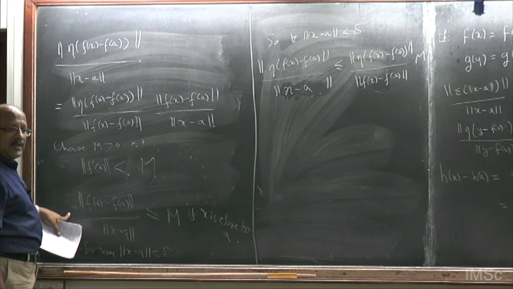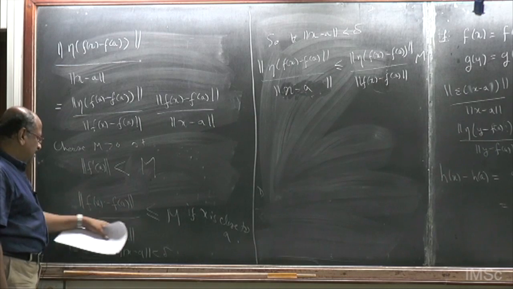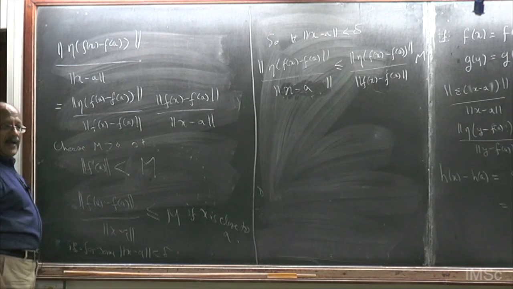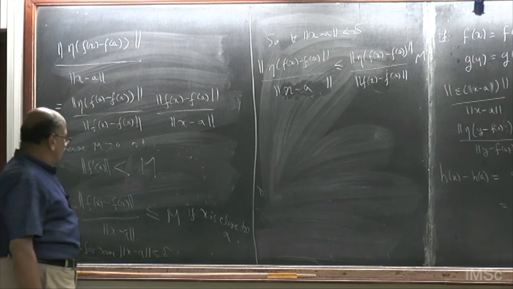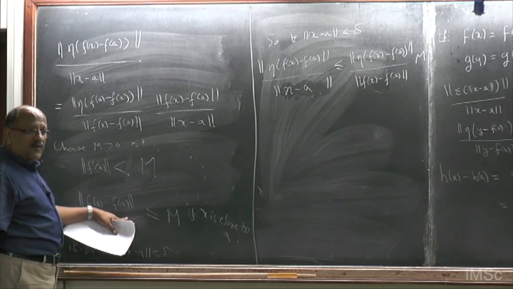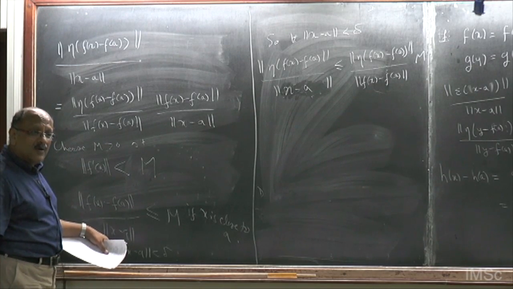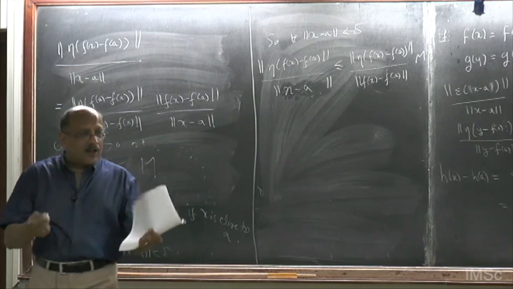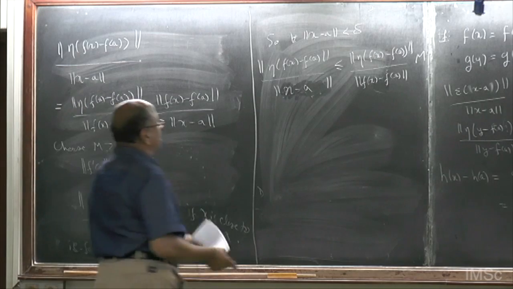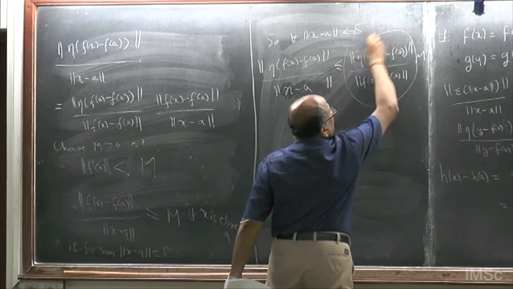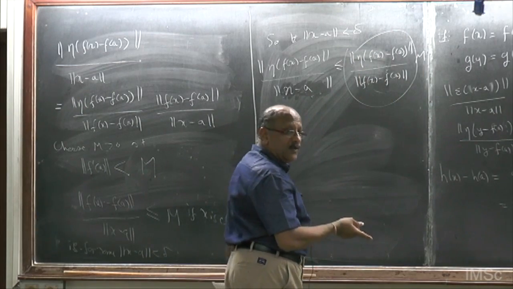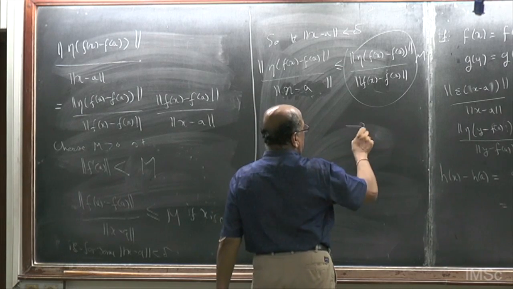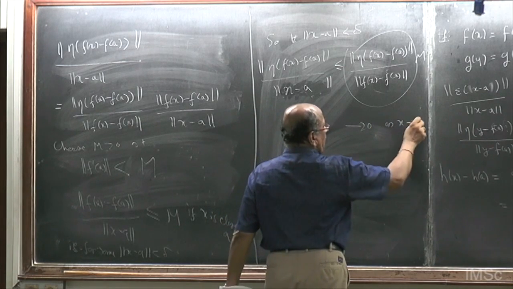This tells you on the other hand that norm f of x minus f of a is less than M times norm x minus a. Okay. So, that means f of x converges to f of a as x tends to a. So, for norm x minus a less than delta, f of x minus f of a will also be very small, and that means this is anyway little o, we know that, and therefore, this goes to 0 as x tends to a.